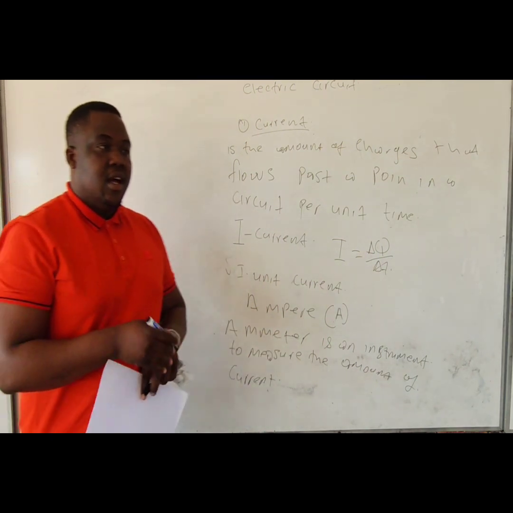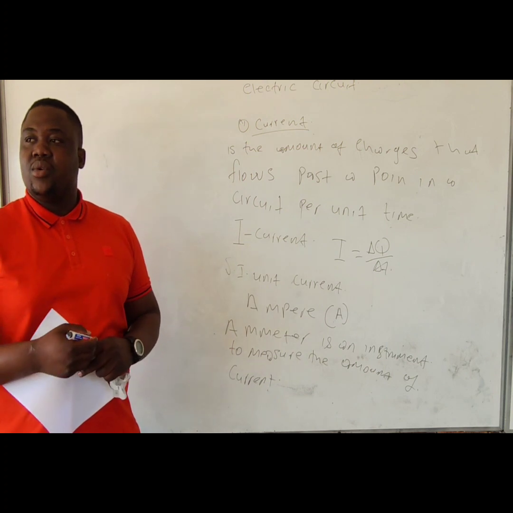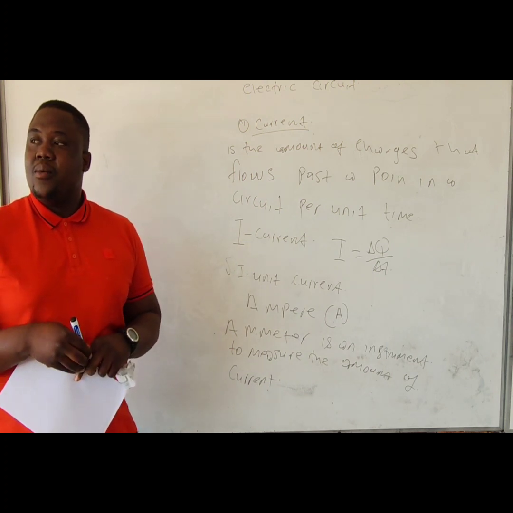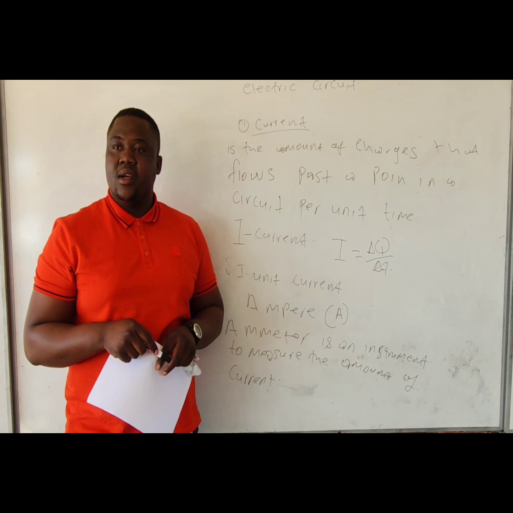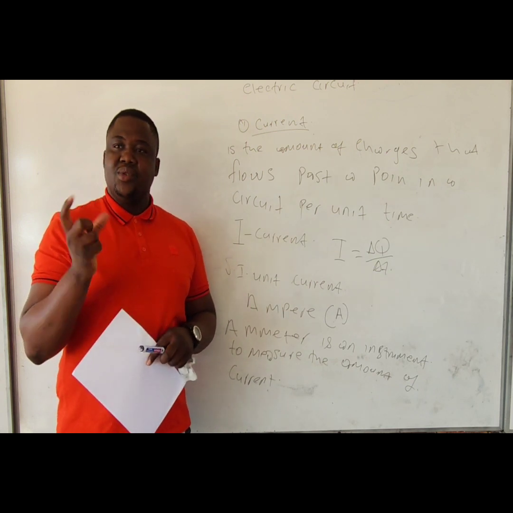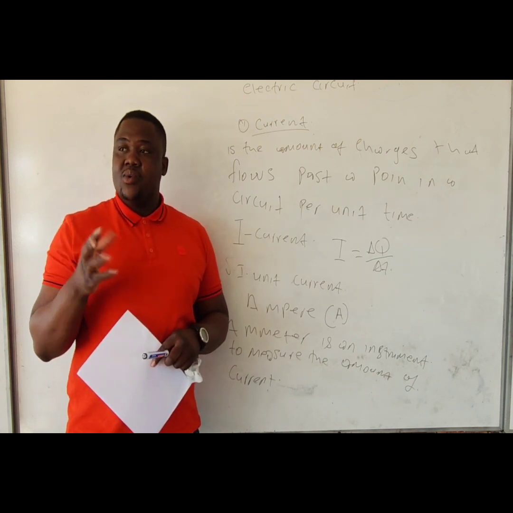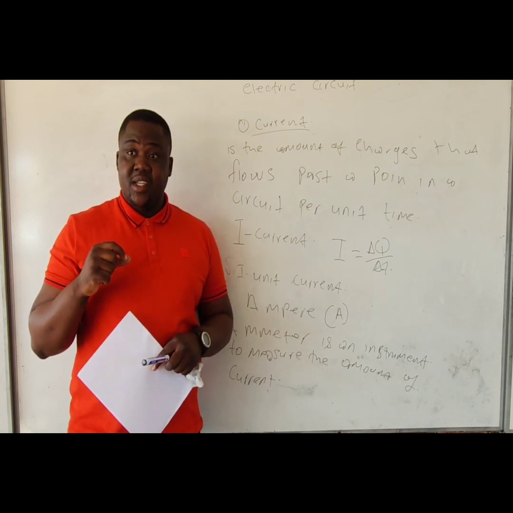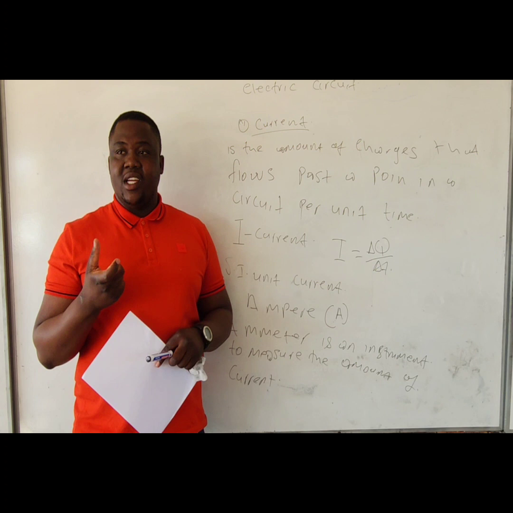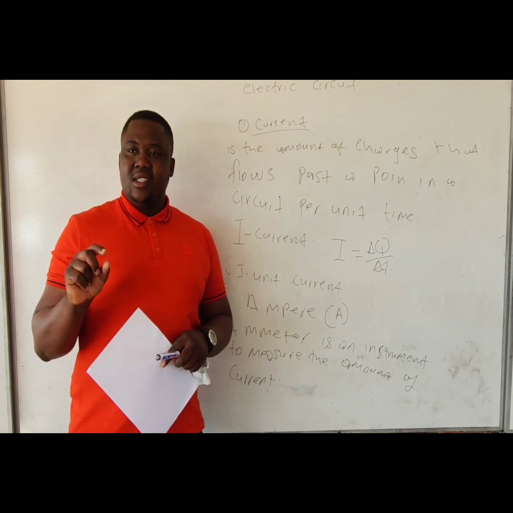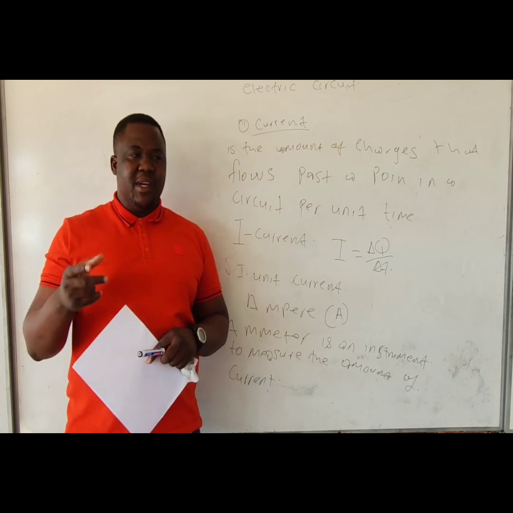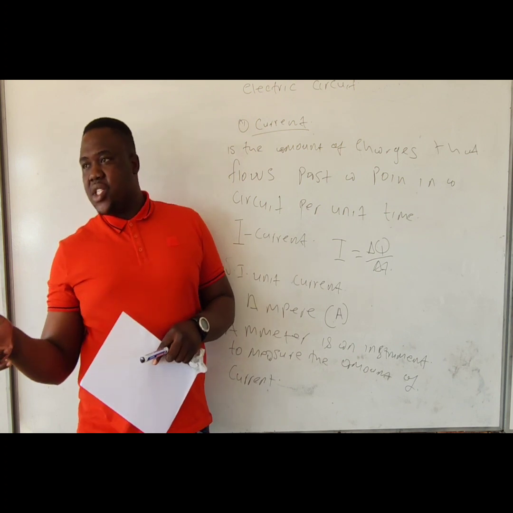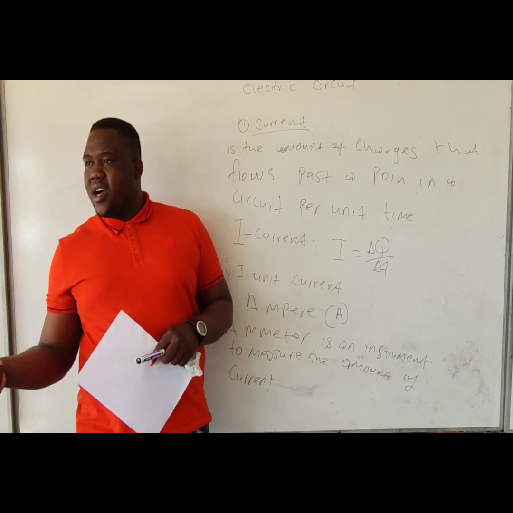One can come with that instrument, but usually they use a multimeter. I will show you the multimeter; I'll come with it tomorrow. It is called a multimeter because it can measure different things. It can measure voltage, and it can work as an ammeter.